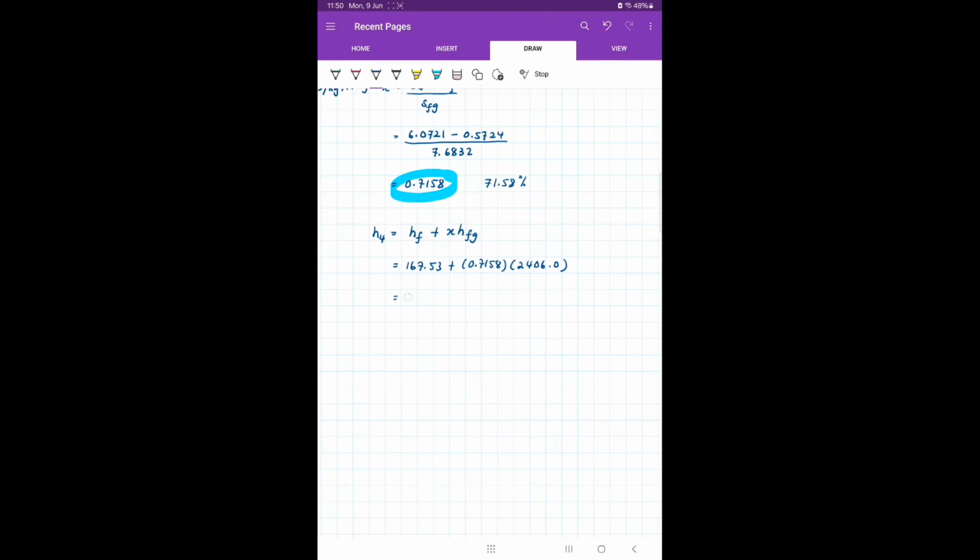This gives you 1889.74 kilojoule per kilogram. So you now have the enthalpy at point 4.